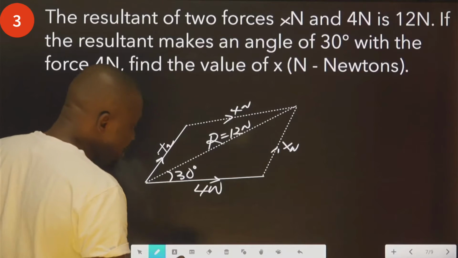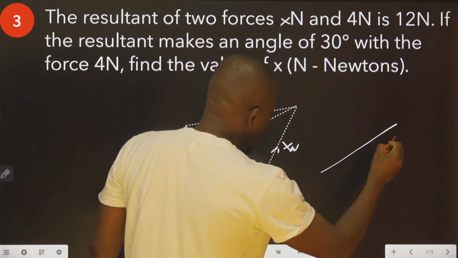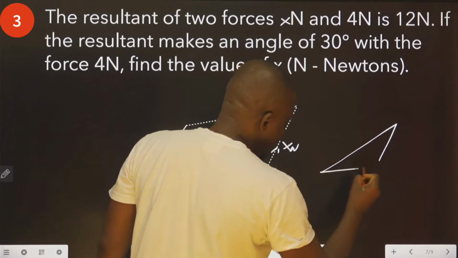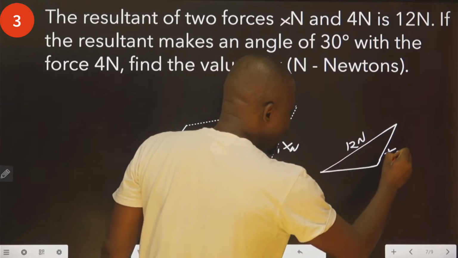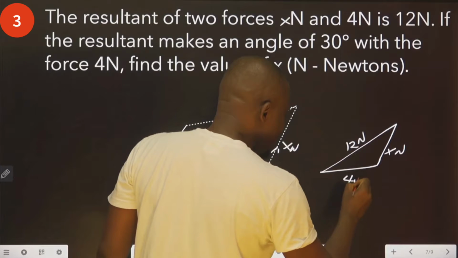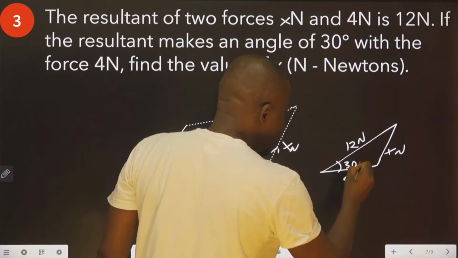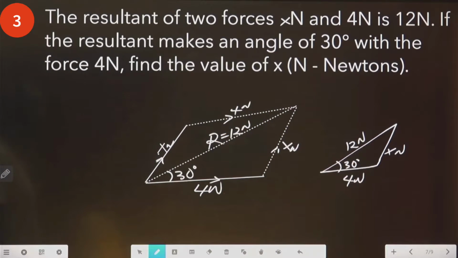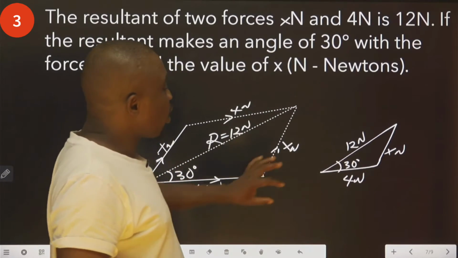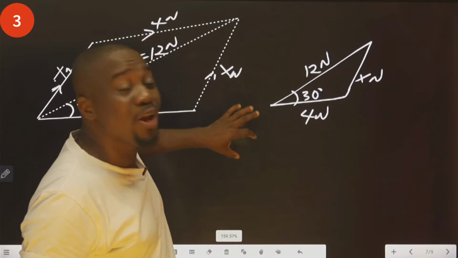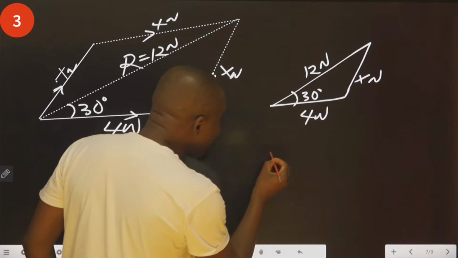Okay? So we can draw out a rough diagram like this. This is 12 Newton. This is S Newton. This is 4 Newton. This is 30 degrees. We can find S from here. We are going to apply the cosine rule. The cosine rule simply says whenever you are looking for anything, first of all, write what you are looking for.